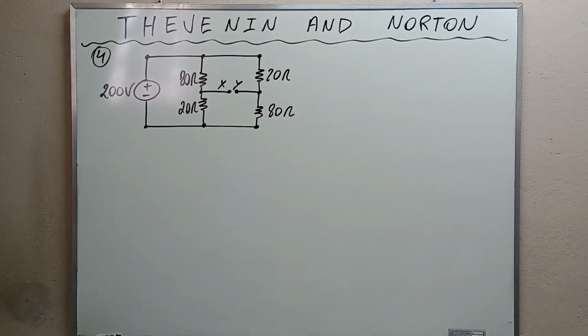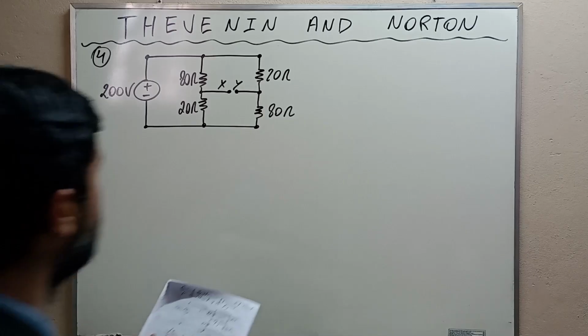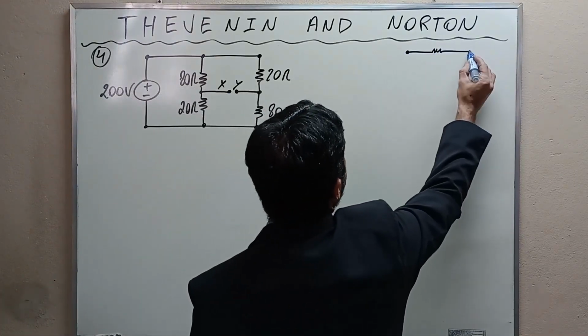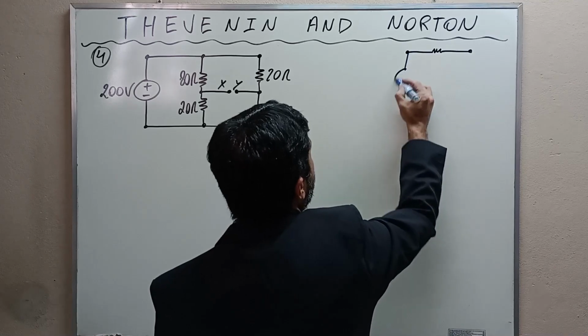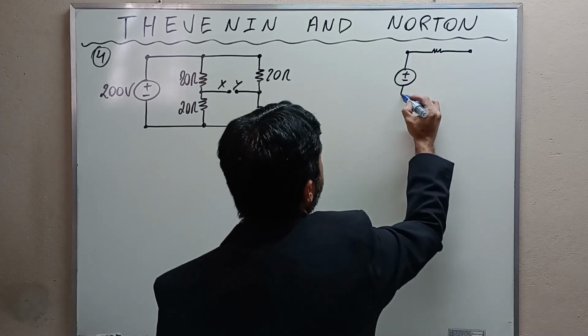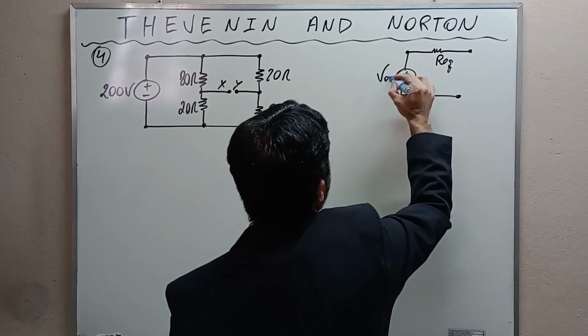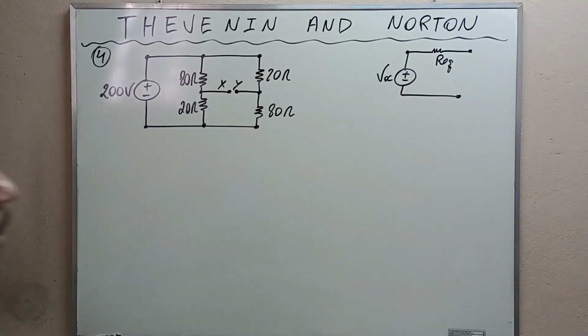As it was said previously, the Thevenin's equivalent circuit will be composed of the open circuit voltage and the equivalent resistance, like this. This is the equivalent resistance, and this is the open circuit voltage, okay?